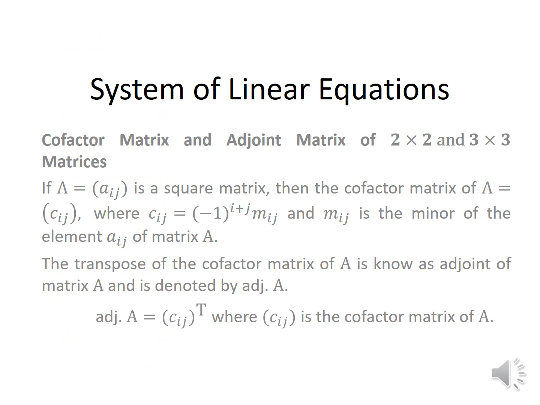For the cofactor matrix and adjoint matrix, for 2 by 2 or even 3 by 3 matrix, if A is a square matrix, then the cofactor matrix of A is Cij, where we can obtain the cofactor by this formula.